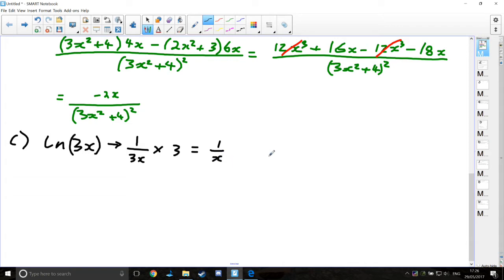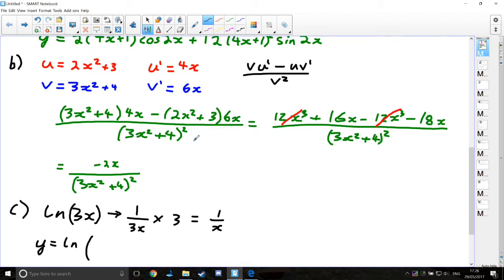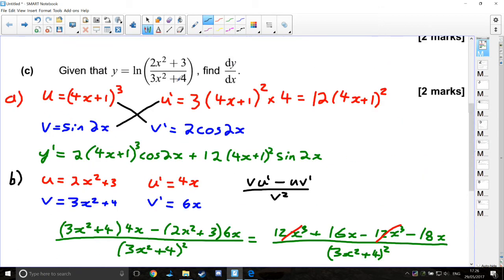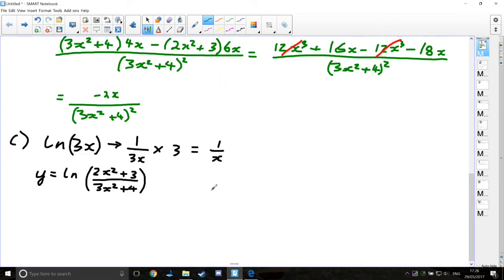Now that's just to give an example of what's going to happen with this one up here. So we started off with y equals a natural log of what was in that bracket, and I can't remember it, (2x squared plus 3) over (3x squared plus 4). Let's double check that. Looks okay.